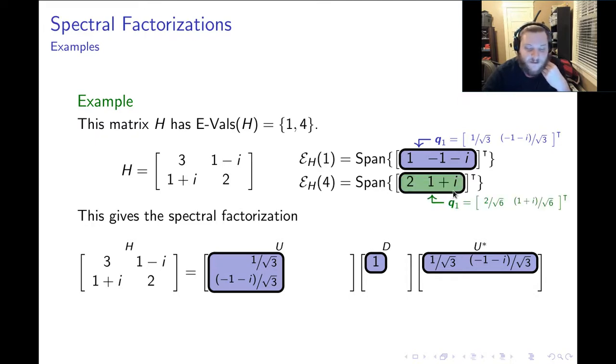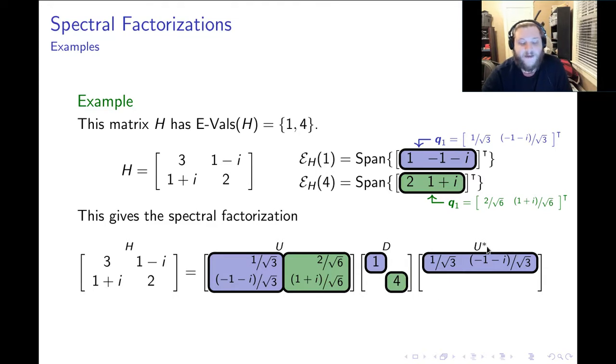So I want to divide these entries by root 6: 2 over root 6, and then 1 plus i divided by root 6. That vector becomes my second column of U. Then the second diagonal entry of D will be lambda equals 4. And then the second row of U star is our vector here: 2 over root 6, and then 1 plus i over root 6.